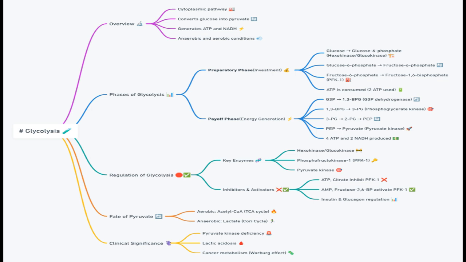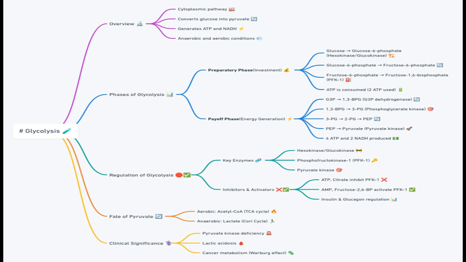And the 7th step had to do with 1,3 bisphosphoglycerate, and there you have your phosphoglycerate kinase. And the 8th step being 3 phosphoglycerate, and the enzyme there is phosphoglycerate mutase. The 9th step being 2 phosphoglycerate, and you have your enolase, which removes the H2O, the water.